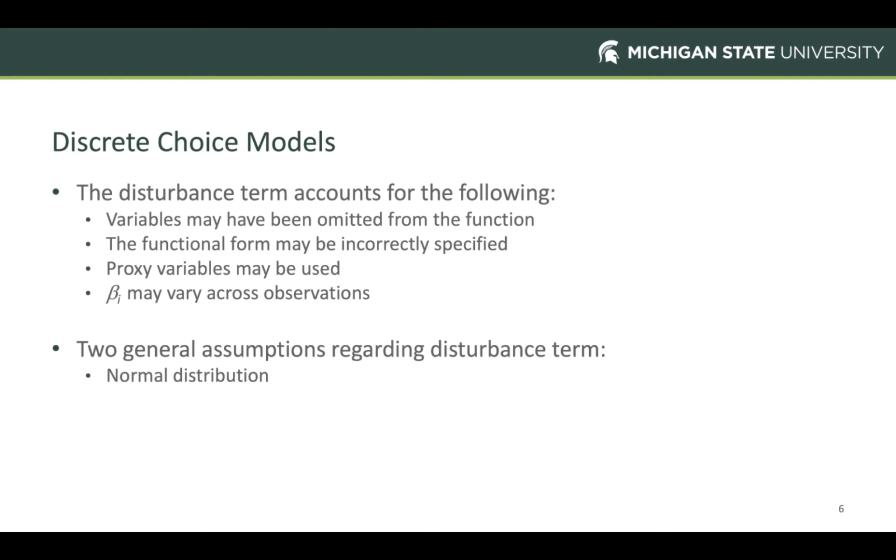Either we assume that the error term for each of those utility functions would follow a normal distribution, and that results in what's referred to as the probit model. Or alternately, we can assume that those errors are going to follow a type 1 generalized extreme value distribution. This is also referred to as a Gumbel distribution in the research literature, and that would result in the multinomial logit model, okay?